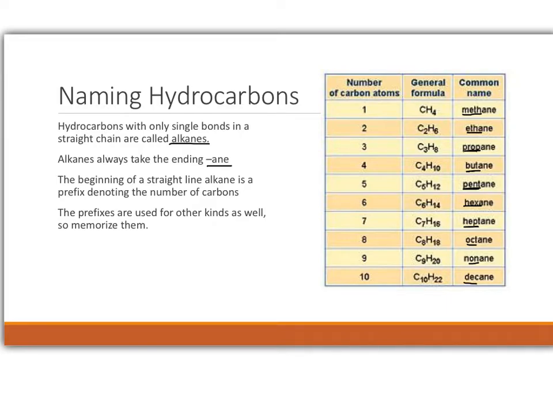Those you're going to want to memorize. We will use those quite frequently. You're also going to need to memorize the endings that go with the different type of compounds, like alkanes, ane.